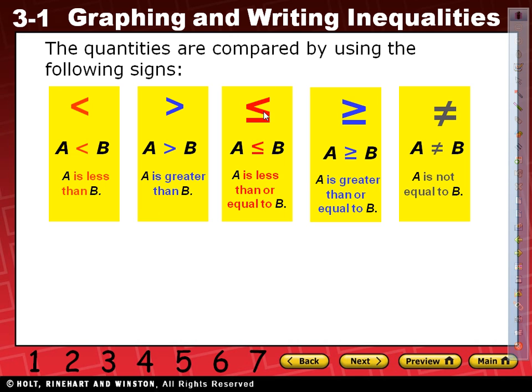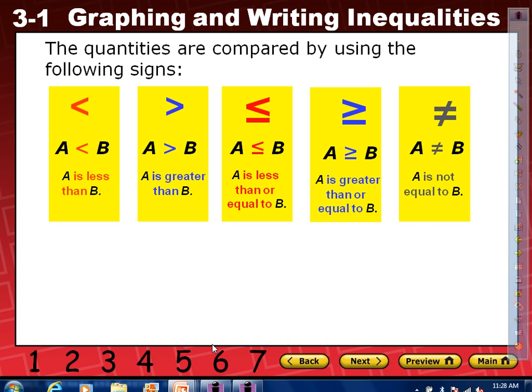The arrow to the left with a little bar underneath is called less than or equal to. The arrow to the right with a little bar underneath is called greater than or equal to. And we've been using this one a lot, not equal to. Is that correct? Yeah, we've already been using this one, not equal to. Copy those.